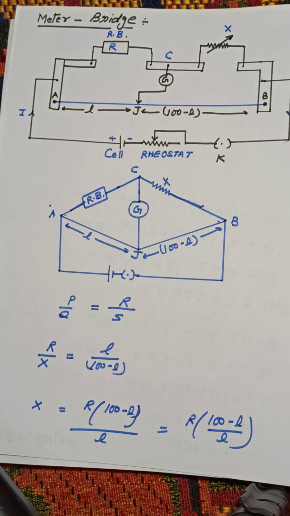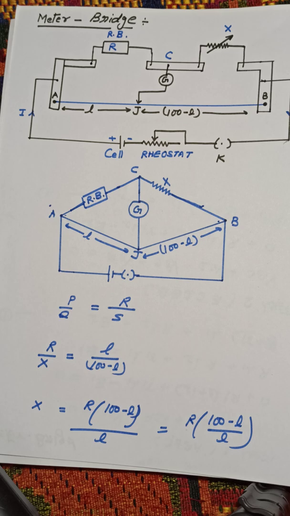Hope you would have understood this meter bridge. The meter bridge is said to be most sensitive when all the four resistances, that is A to C, B to C, A to J, J to B, are almost the same or equivalent to each other.